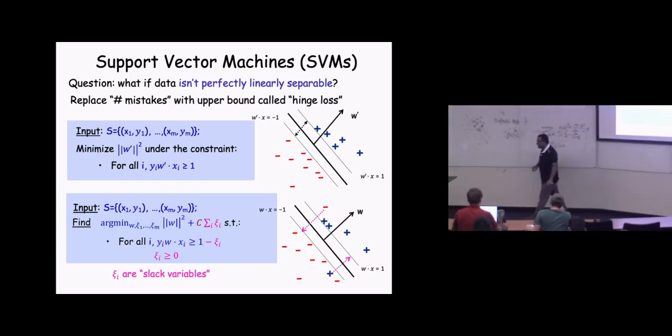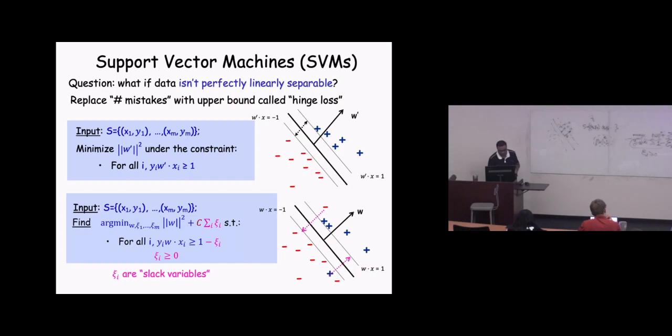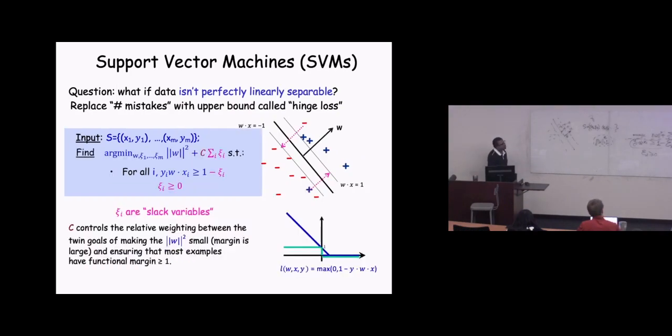okay, so I have covered this. These are slack variables, and the point is, how does this loss function actually look?